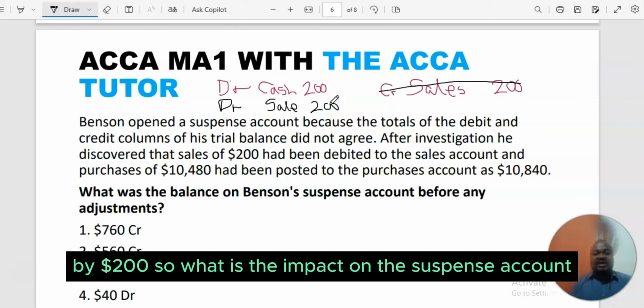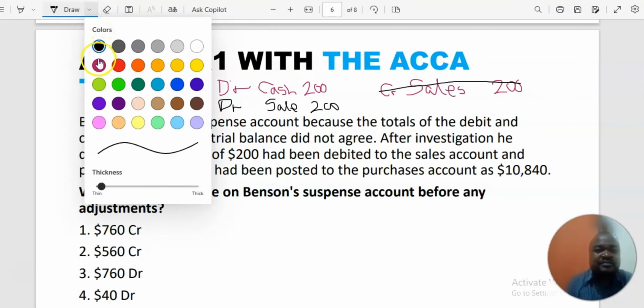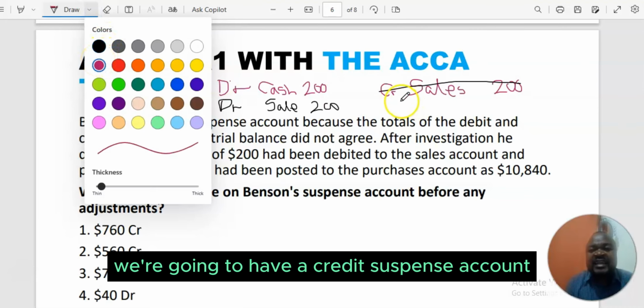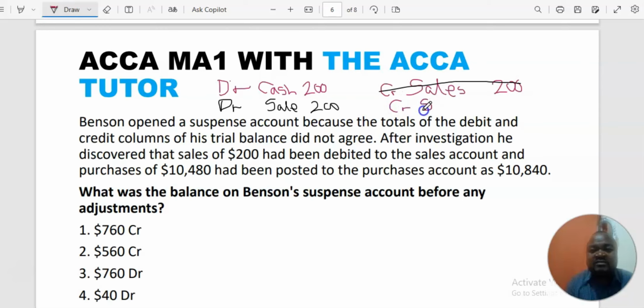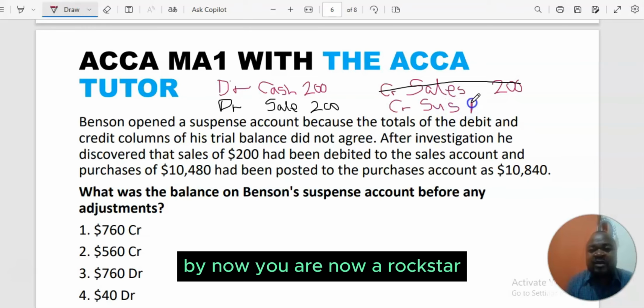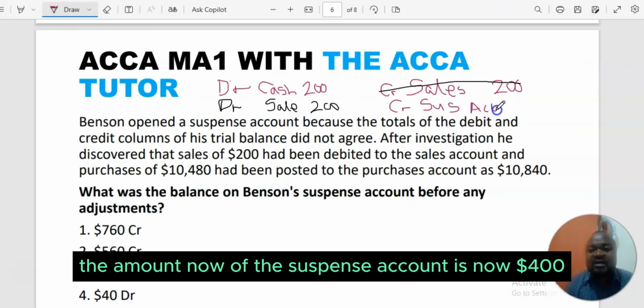So what is the impact on the suspense account? Obviously, we're going to have a credit suspense account of how much? By now, you are a rock star. You now know that the amount of the suspense account is $400.